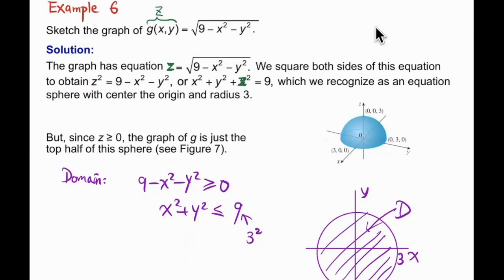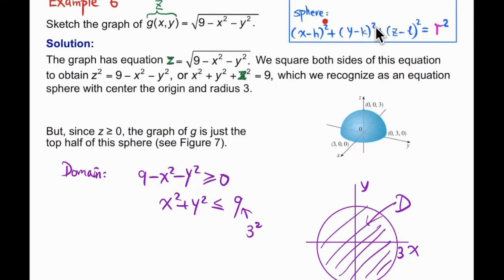And if we move all the variables to the left side of the equation, we get x squared plus y squared plus z squared equal to 9. Now, after we put it in this form, this reminds us of a surface. What kind of surface does this remind you of?